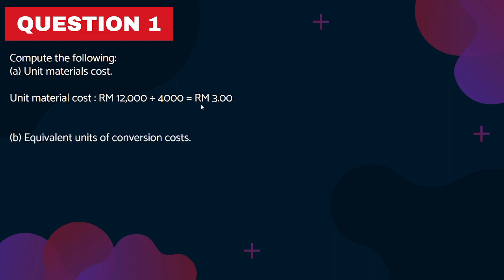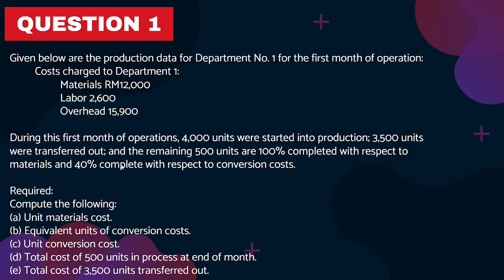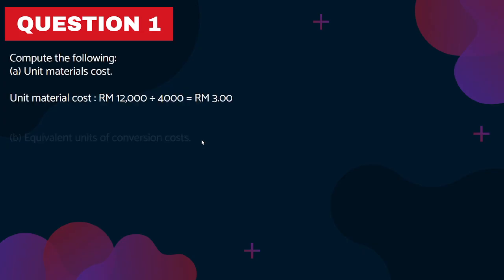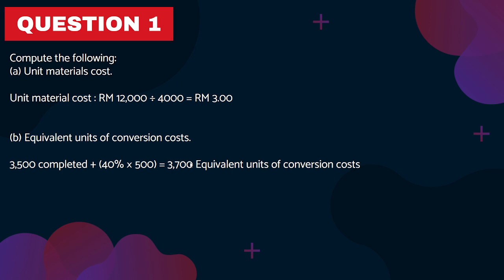So for question B, to calculate equivalent units of conversion cost, we take the 3,500 units that were transferred out, plus 40% complete with respect to conversion cost, because we are calculating the conversion cost, multiplied by the remaining 500 units, and the answer should be 3,700 equivalent units of conversion cost.